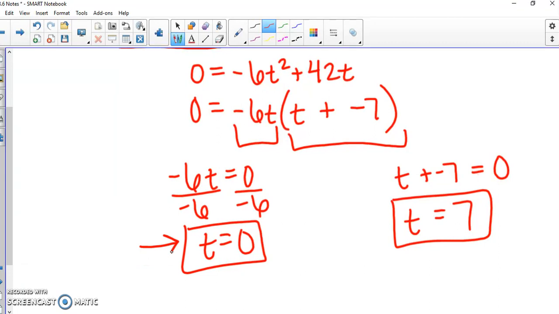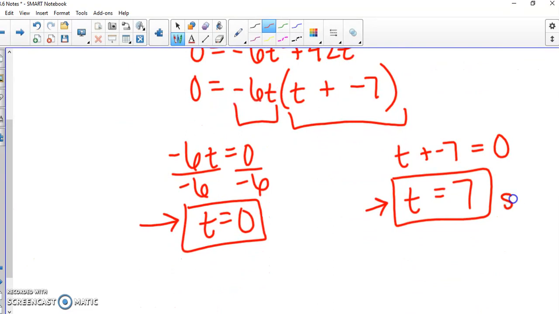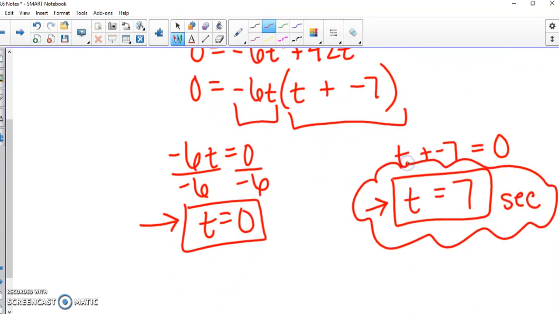At time 0, it started on the ground. So our answer then would want to be at t equals 7, and this is standing for seconds, I believe. Yep. So at t equals 7 seconds is when it comes back to the ground. So t equals 0, started at 0 seconds on the ground, and then it hits the ground again at 7 seconds.